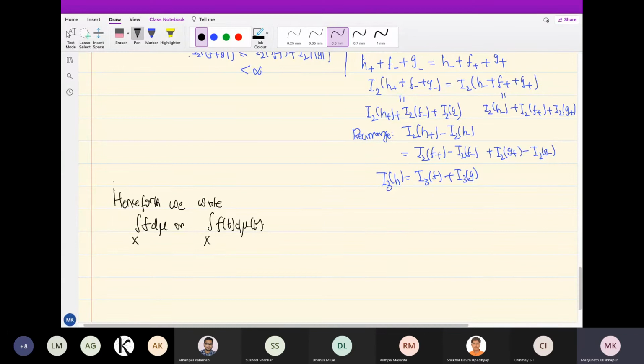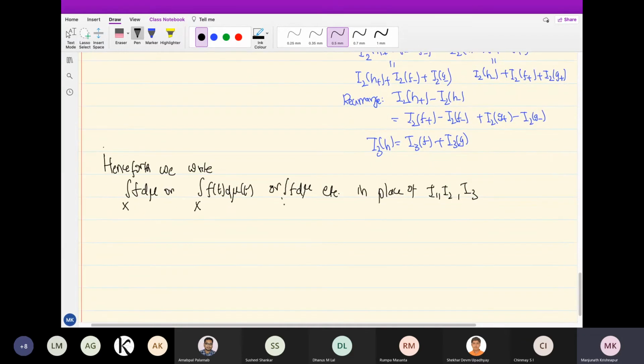T doesn't mean anything. You can put anything there. Or sometimes we may just write f d mu if the space is clear, in place of I1, I2, I3. So this is what we shall do. And this is called the Lebesgue integral.